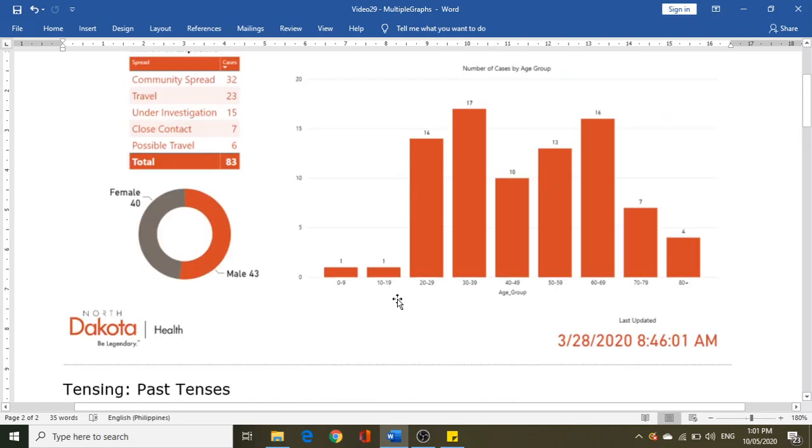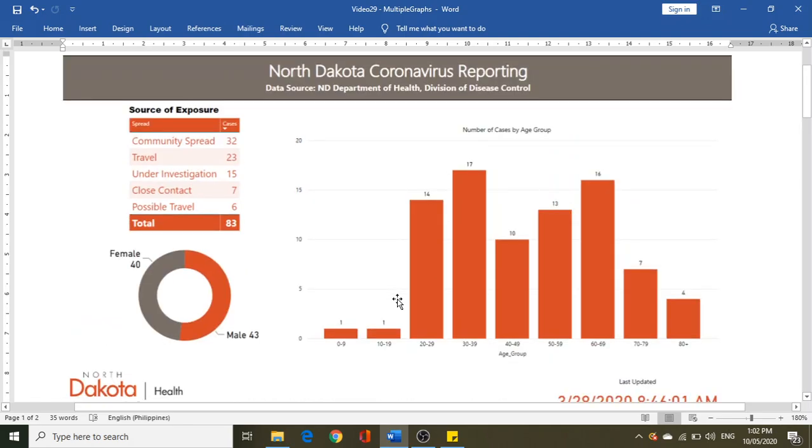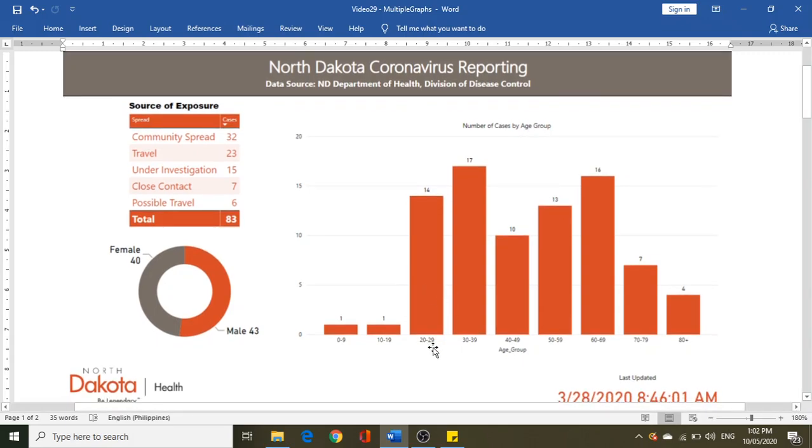So we can say that the research has tried to identify particular information related to the early spread of the coronavirus in North Dakota.